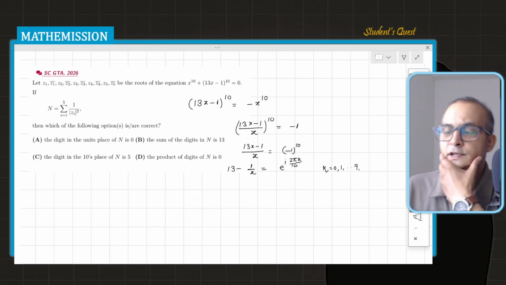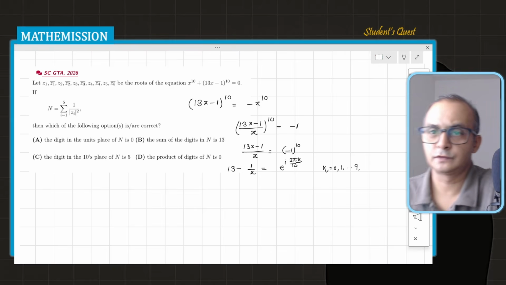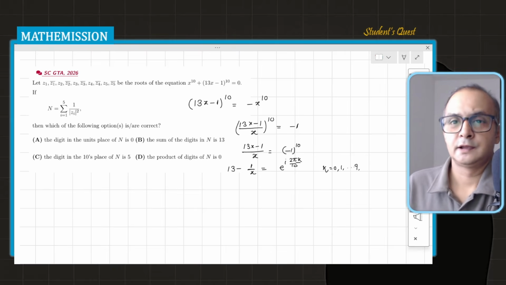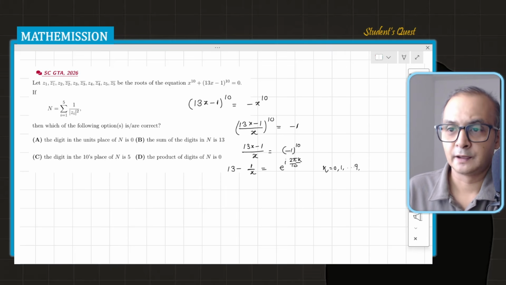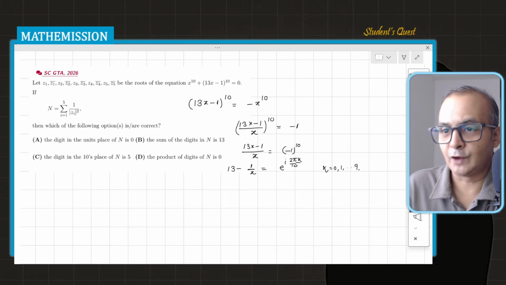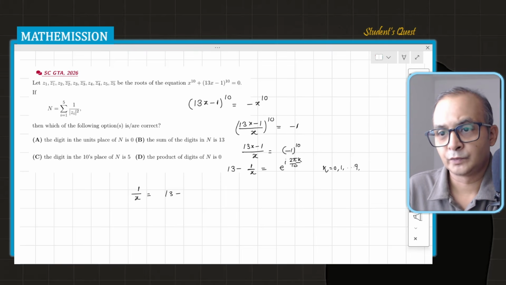So these are the 10 roots of unity, and this root of unity is equal to 13 minus 1 by x. Now notice one thing, I have to find out the 1 by x actually. So 1 by x I can write as 13 minus e to the power i 2k pi by 10.